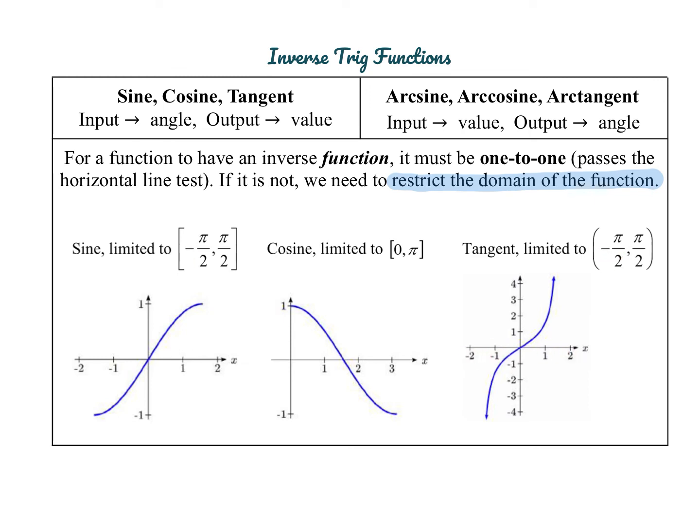Notice for these two, the boundaries are included, but for tangent, they are not, because this is where we have asymptotes. I like to remember, for sine, we're going from a minimum to a maximum, centered as much as possible, and for cosine, we're going from a maximum to a minimum. So you are making sure that we include all of the possible values within the restricted domain without violating our horizontal line test.